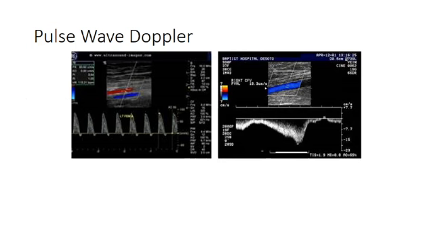Now, coming to pulse wave Doppler, you have to place the sample gate in the blood vessel of your choice. In this case it's in the artery, and in this case it's in the vein. You can see the sample gate here, and then you align the probe, and depending on whether the blood flow is going towards the probe or away from the probe, the graph of the velocity will be either above or below the baseline.